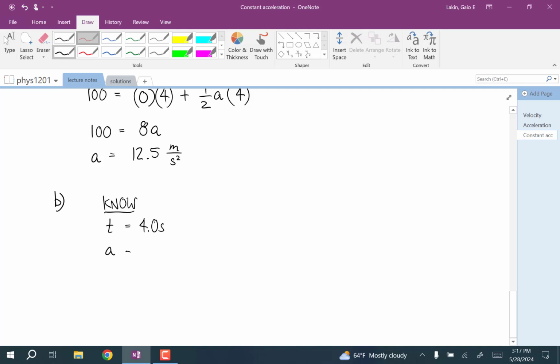This time we know the acceleration is 12.5 meters per second squared. We just got that in part A. The P, we still know, is 100 meters. V sub 0, we're still turning the stopwatch on at that same instant, so this is still 0. And the thing we're trying to find this time is V, the velocity at the time t.